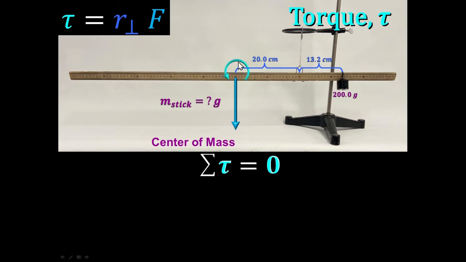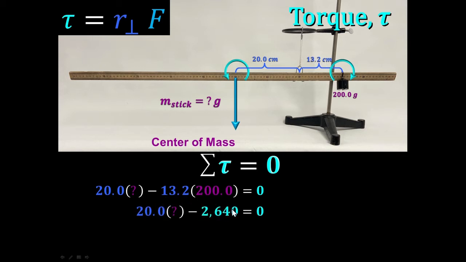So it just turns out that this produces a positive torque, this produces a negative torque. We take 20 times question mark minus 13.2 times 200, and we multiply that out, we get this. We move this to this side, it becomes positive. We divide both sides by 20, and it looks like the meter stick is going to be 132 grams.